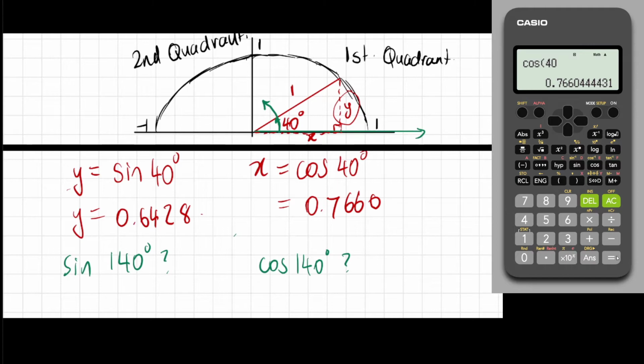I need to travel 140 degrees. So how far around is that? From here to here is 90 degrees. And if I travel an extra 50 degrees around here, I should come up at this value here, which is 140 degrees, because it's the 90 plus the 50.